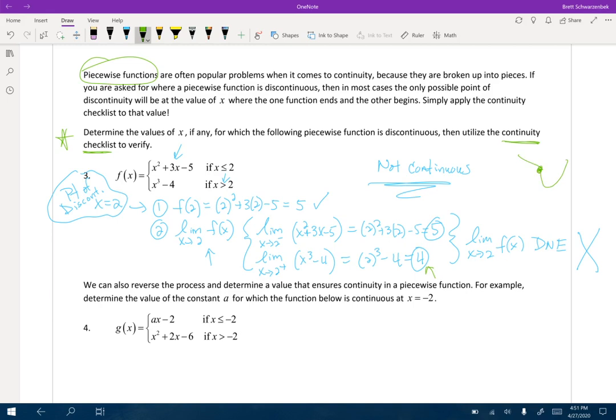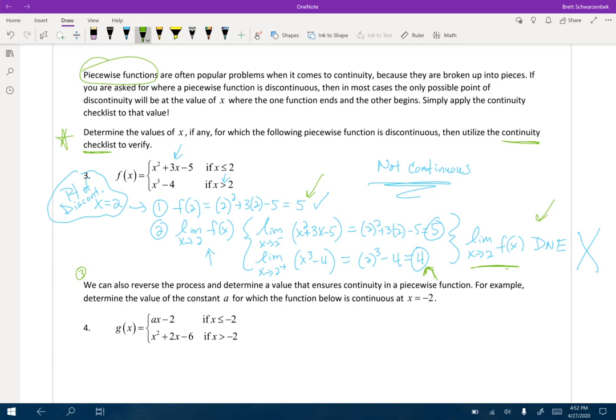So even though the graph changes direction, you would actually not have to pick up your pen, and it would be a continuous graph. Another important part of that, so if this was 5 right here, that means that the two-sided limit also would have been 5. But when we move to, let's say, step 3, which we're not going to, what's that step? It's to determine if this and this are the same. And they would have been both 5, and we would have determined that this was continuous.